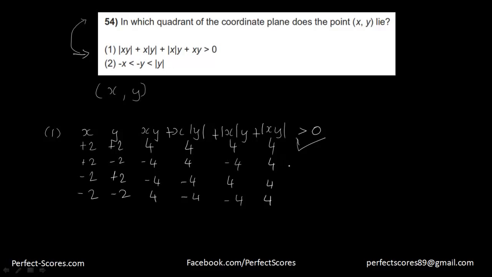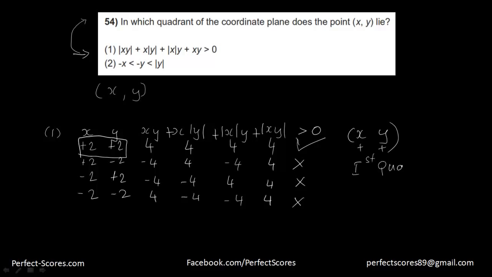But over here it's not greater than 0, it's not greater than 0, and it's not greater than 0. That means the only values for x and y which are satisfying are plus 2 and plus 2. That means x is also a positive number and y is also a positive number. Hence they lie in the first quadrant.